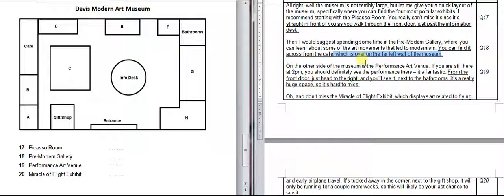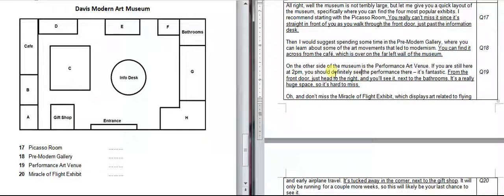So be careful there. On the far left wall is describing the cafe. You can find it, the Pre-Modern Gallery, across from the cafe. So C is actually correct. It's a little bit of a trick there. Right here is the trick. Be careful. So 18 is C.